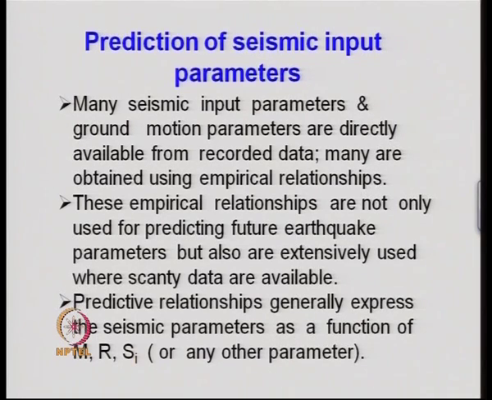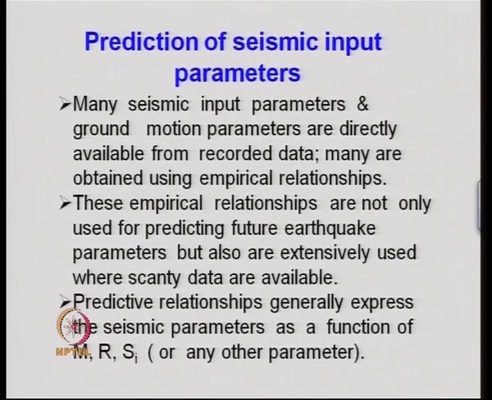Now, the seismic input parameters and ground motion parameters are generally directly available from the recorded data, as I told you, and one uses those empirical equations for predictive purposes. The predictive relationships are generally expressed in the form of a function of magnitude, the epicentral distance and any other important parameter.